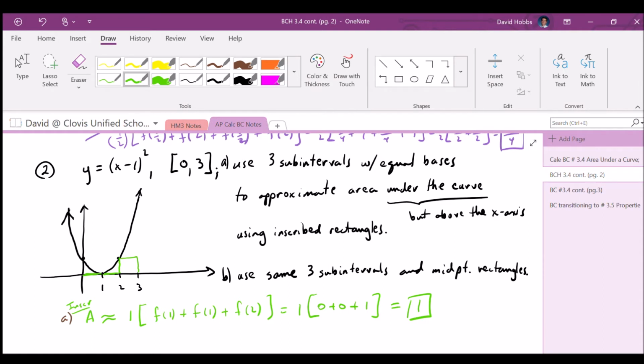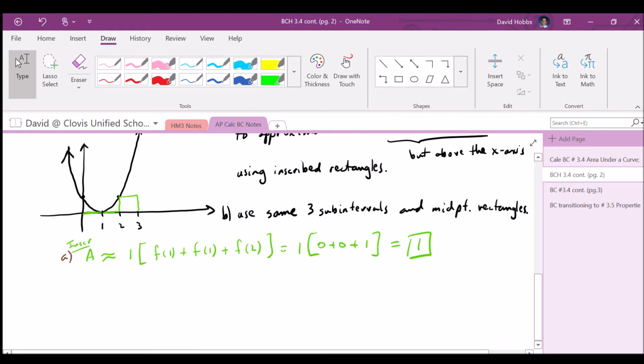Now, part B says use the same 3 subintervals and midpoint rectangles. Remember that we're going to be using the midpoint of each subinterval. The subintervals themselves are the same. So with midpoints, the area is approximately, the base is still 1.